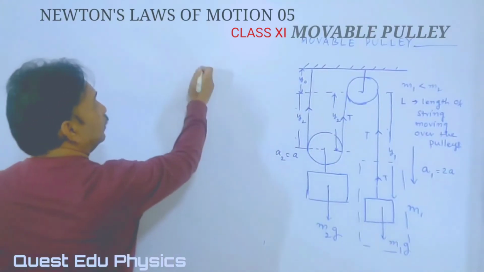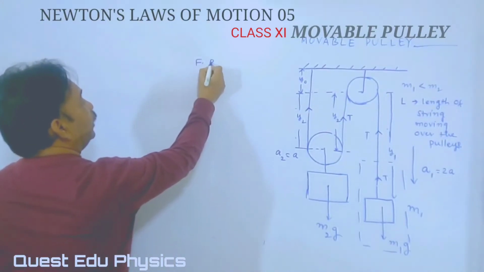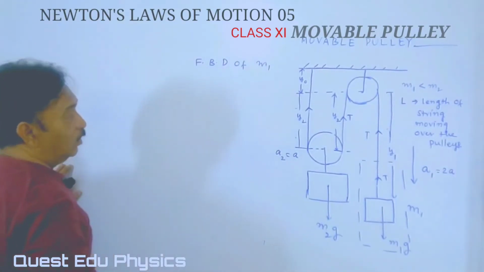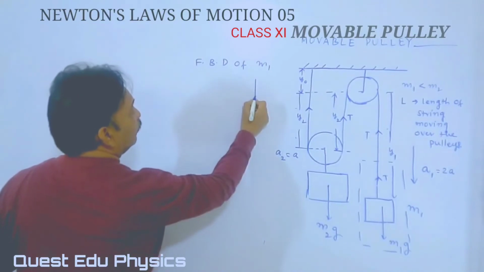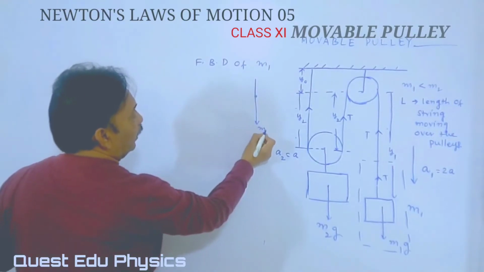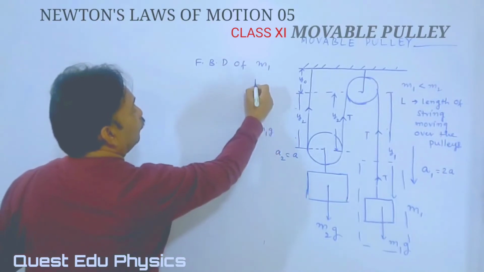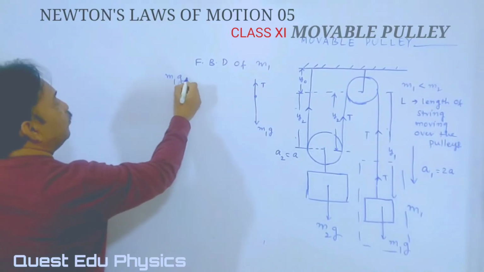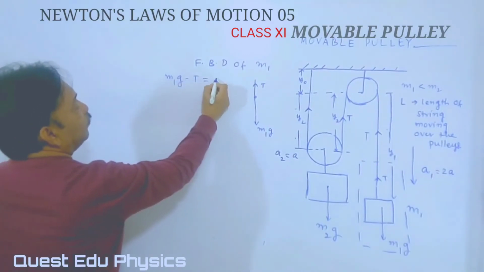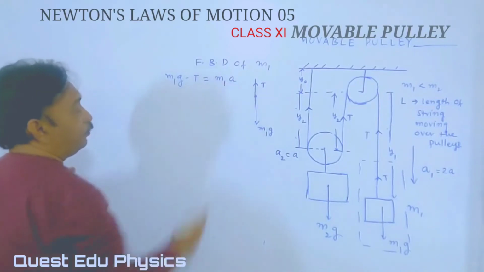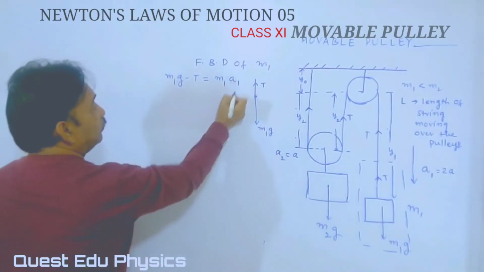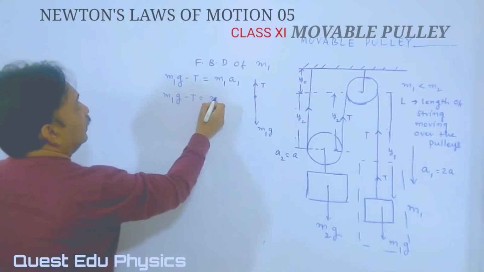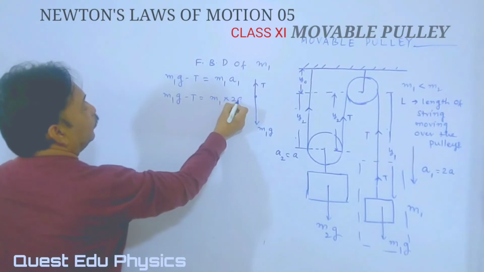Here we are writing the FBD of M1. It can be drawn in this way. It is M1g and it is T. Here M1g minus T is equal to M1a, that means acceleration a1. That is M1g minus T equals M1 into 2a.